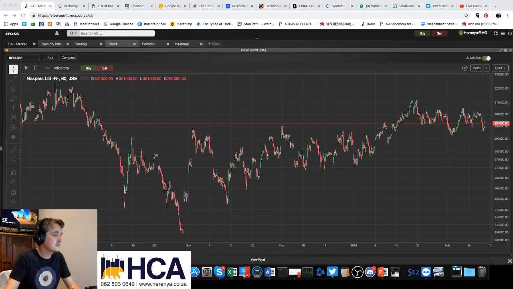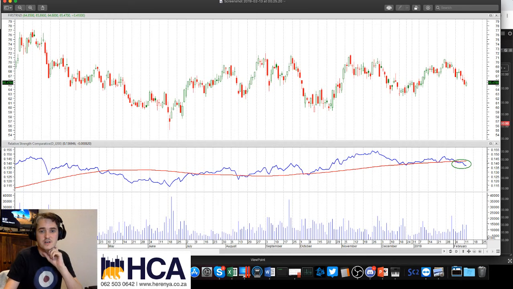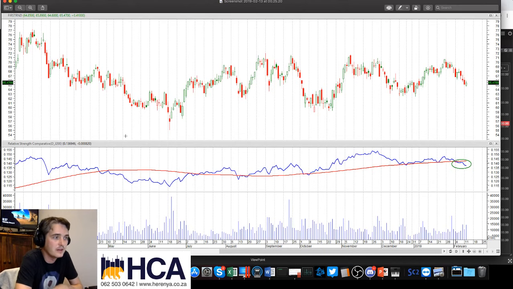some of the things, this is like a trade idea that I've been looking at. This is Firstrand's chart, and what I'm measuring here is the relative strength comparative to the top 40 index. So I'm looking at how Firstrand is performing against the top 40 index, right?